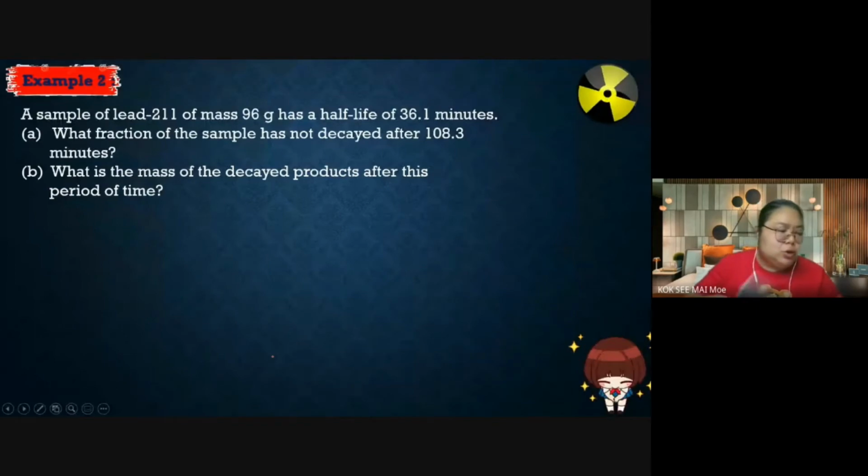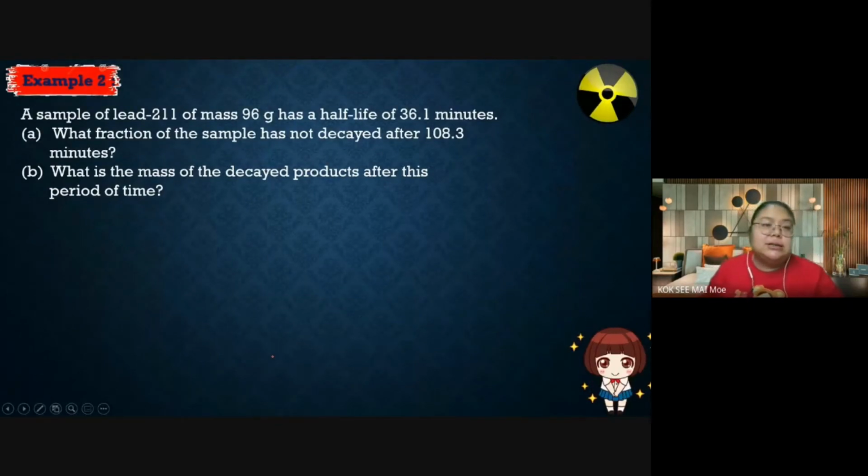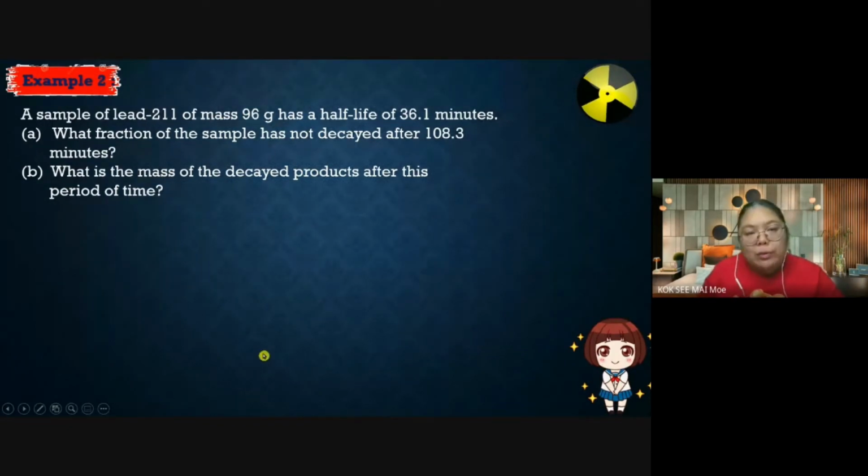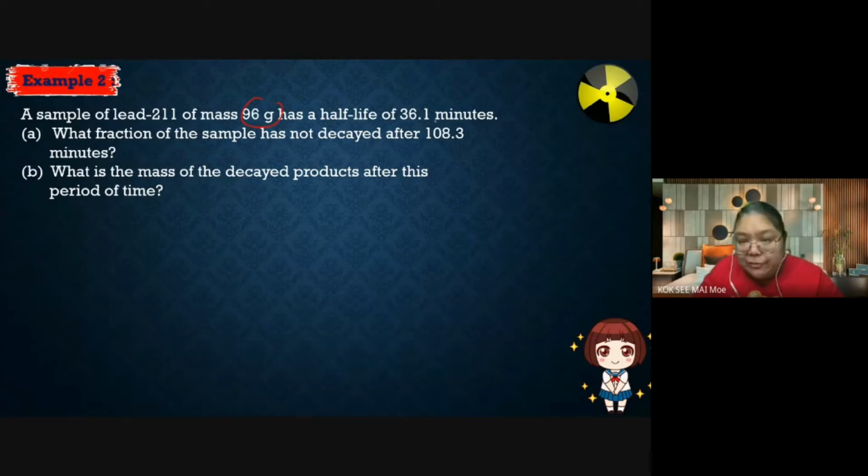Okay, example 2. You can see a sample of lead-211 of mass 96 grams. It has a half-life. They tell you the half-life already. Half-life is 36.1 minutes. Okay, what fraction of the sample has not decayed after this time? Not decayed, that means what is left.